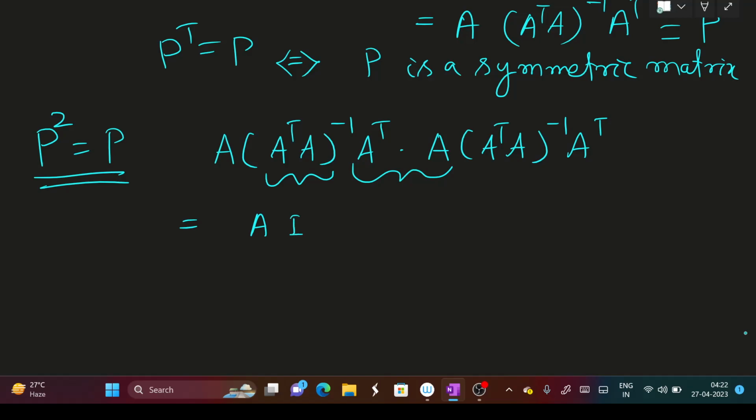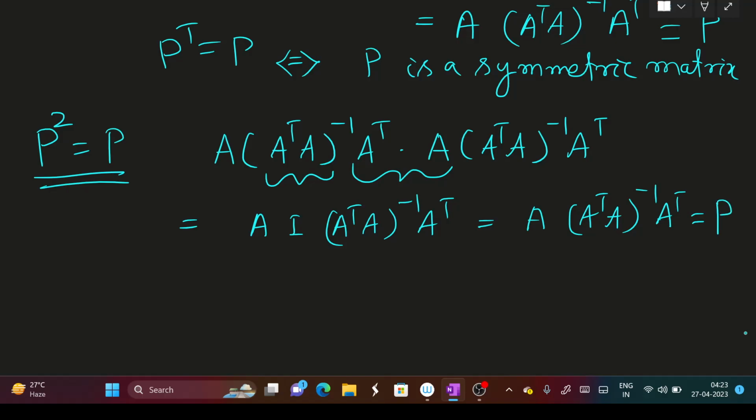So A I, then it is A transpose A whole inverse A transpose, which is nothing but P. So we started with P square and we ended with P. So it is proved. We wanted to prove it and it is proved.